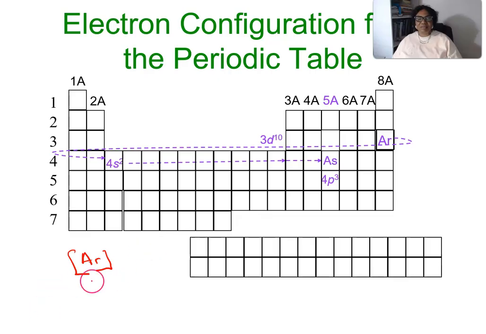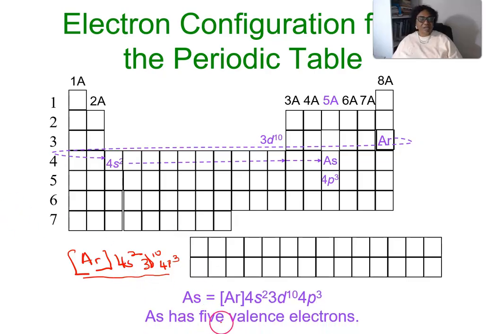Then you write 4s. Then you write 3d. Then you write 4p3. So it has 5 valence electrons. The ones in 4s and 4p. The electrons in the highest energy level.